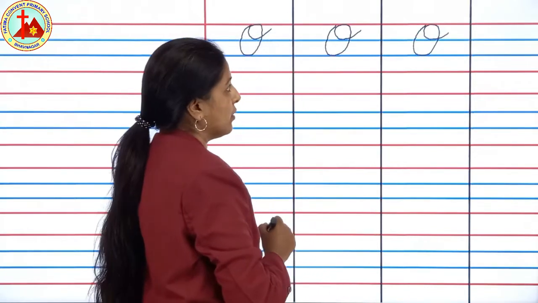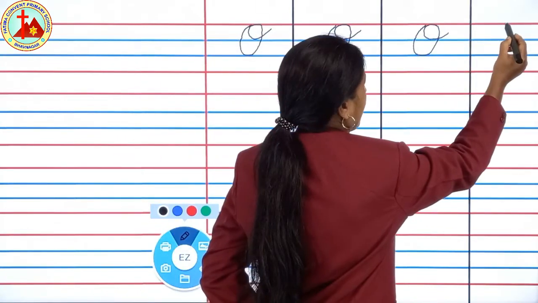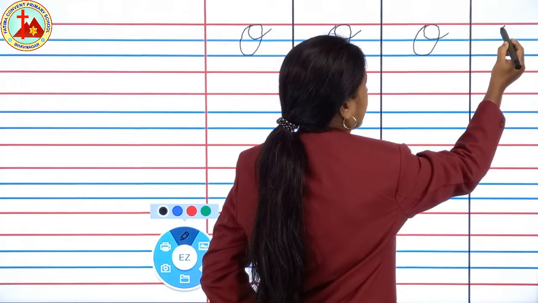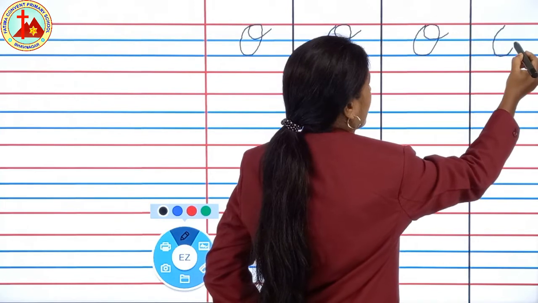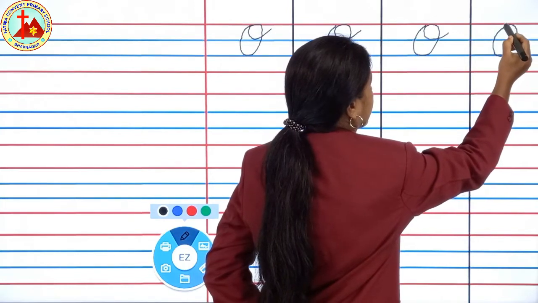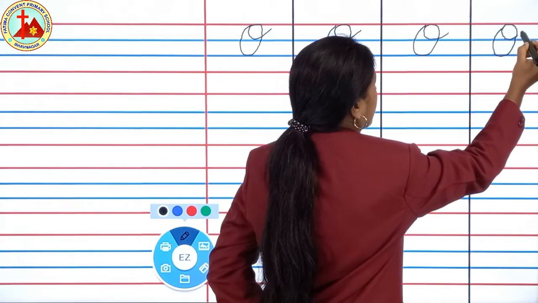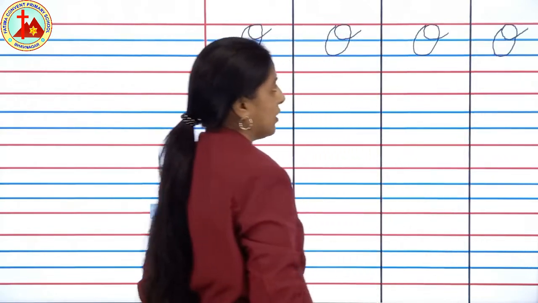Cursive capital O. Starting from the red line, come down to the blue line, go up, inside, touch the first blue line and slide out.